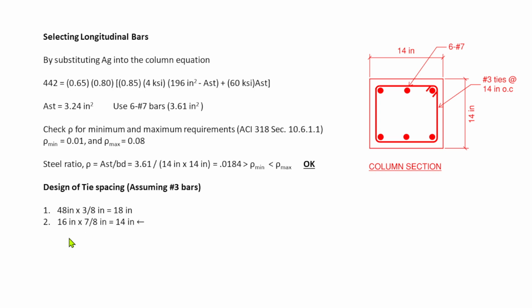The second one is 16 times the bar diameter. We are using number 7 bars, so 7/8, and that will give us 14 inches. The third one is the least dimension of the column, which is 14 inches. So the governing spacing is 14, which is less compared to 18. So number 3 ties at 14 inches on center.